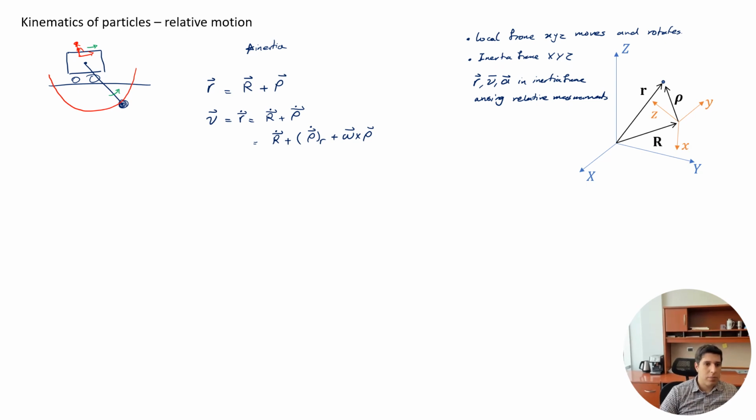And maybe it is important to note that this is the change the inertial observer sees. This one is the change the local observer sees.